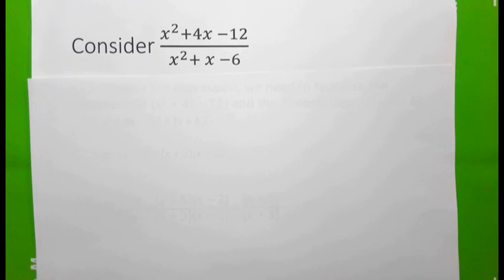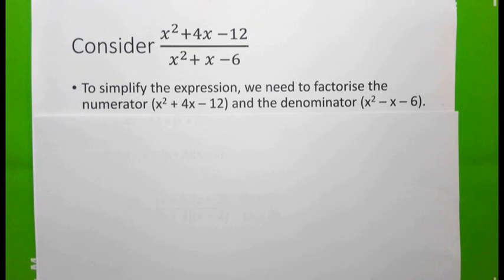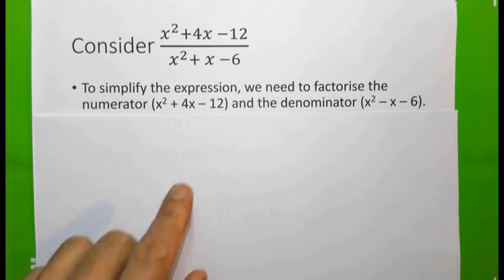Well, to do that, we need to factorize first the numerator, x squared plus 4x minus 12, and then the denominator, x squared plus x minus 6. Recall how to actually do the factorization.